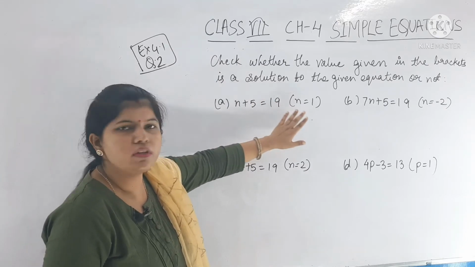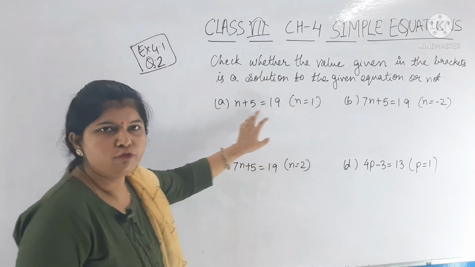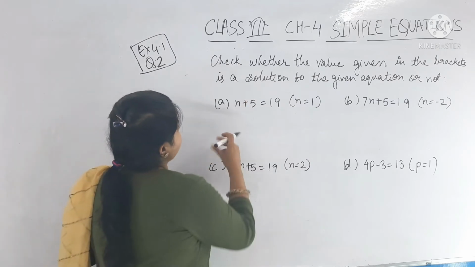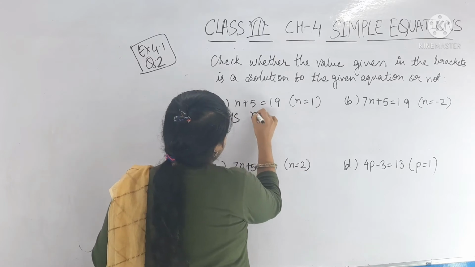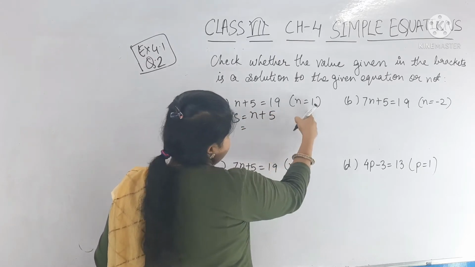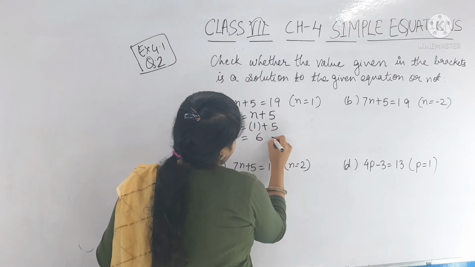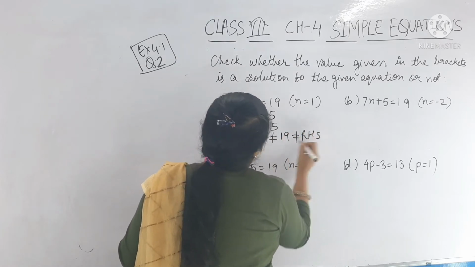Here n equal to 1, we have to substitute 1 in the place of n. So LHS equal to n plus 5. Substituting n equal to 1, 1 plus 5 is 6, not equal to 19, not equal to RHS.